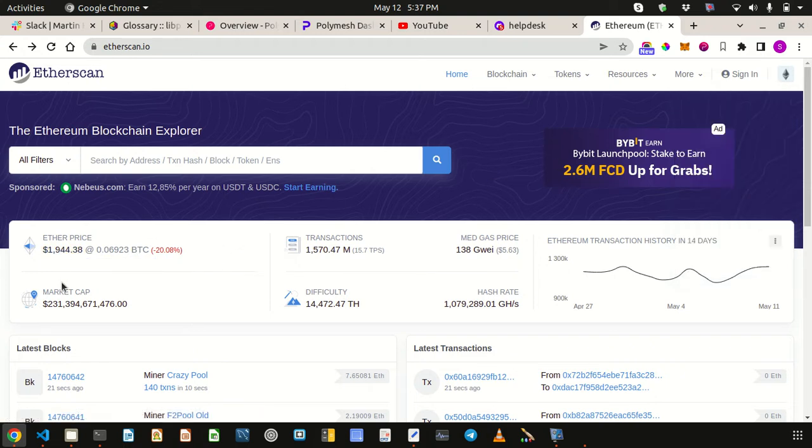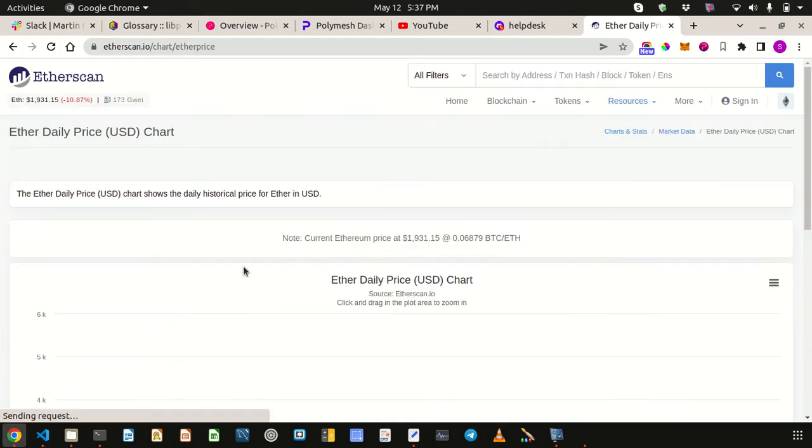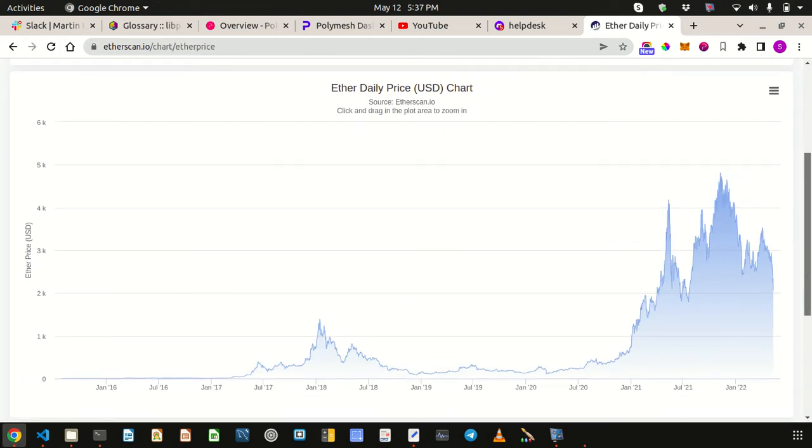So you can see that the current Ether price is around $1944. If I click on this link, you can see the historical graph movement of the Ether price in the market. Since the Ethereum blockchain has been launched, you can see that, for example, in January 2016, the Ether was priced below $1, which was the golden time to have a lot of Ethers.